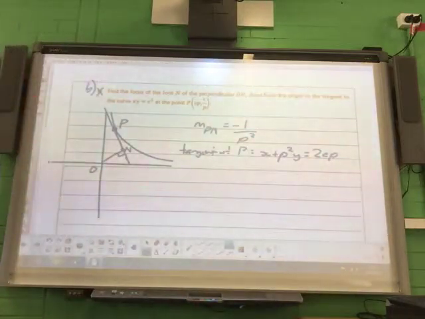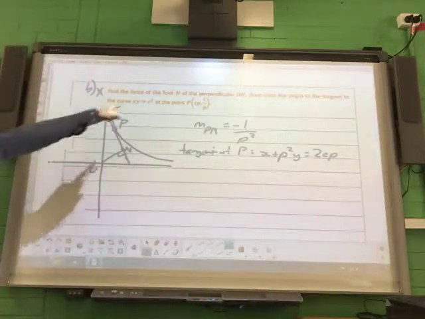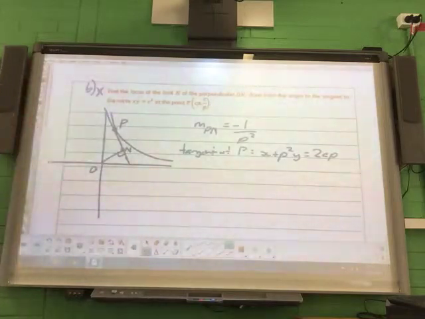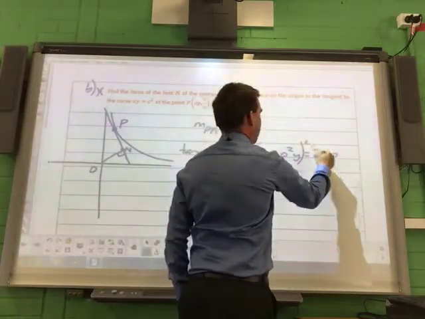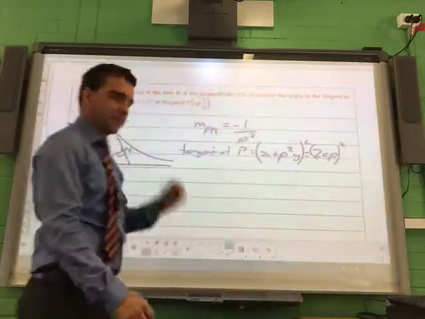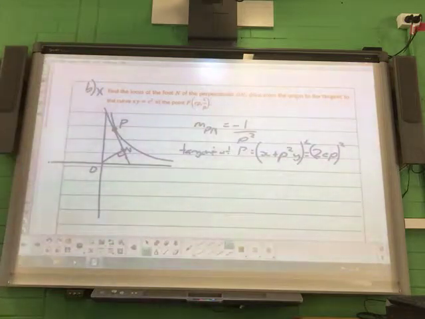It's all in parametric form, by the way, because the point's given to me in parametrics. Right. So, the trick here, we're going to square both sides, because I want to be able to use this gradient, and I will in a moment.